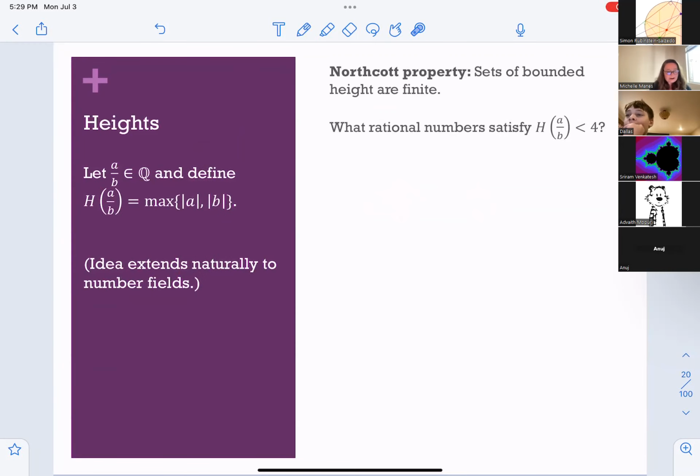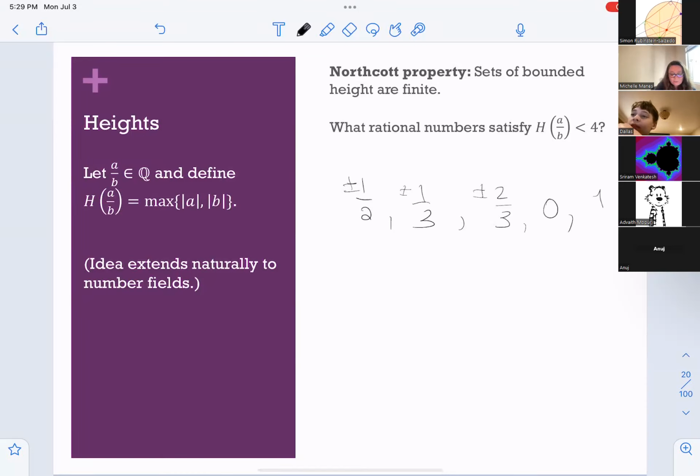You can either shout out or put in the chat: what rational numbers would have height less than 4? Can anyone tell me? I see a half, I see a third. And I'll point out that anything I can say, I can also make the negative of, because I'm taking absolute values. 0, everybody forgot 0, thank you. 0, and negatives.